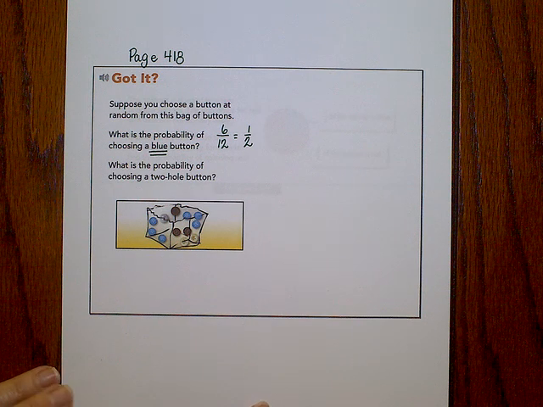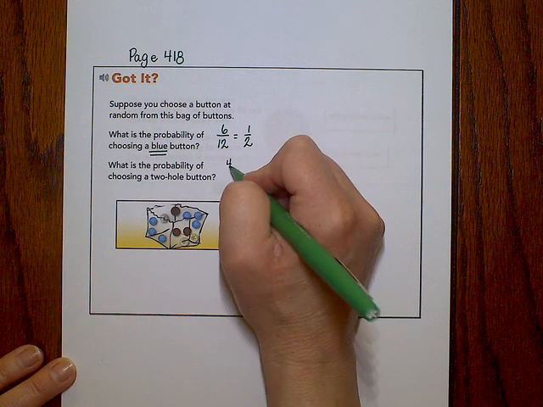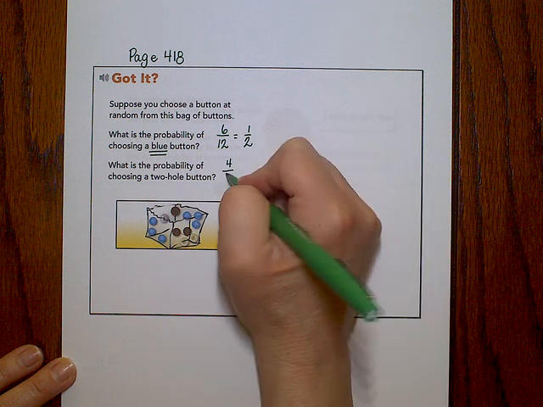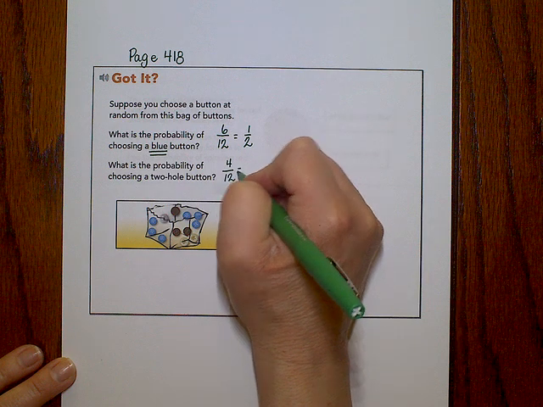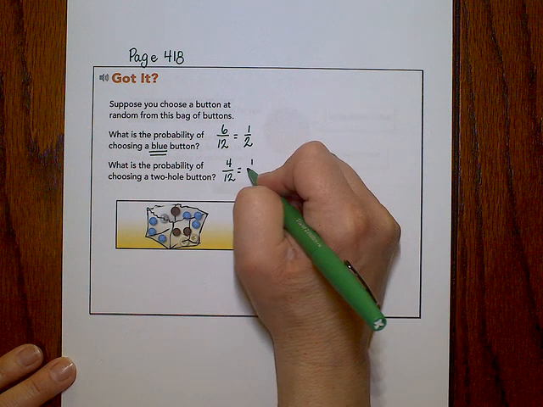So take a look at your book, look really close, and you are looking to see which buttons only have 2 holes in it. And your book is actually better than my video. And so you should have counted that you have 4 buttons that have 2 holes in it out of a total of 12. And remember, we always want to simplify that answer. And so that is going to be 1/3.